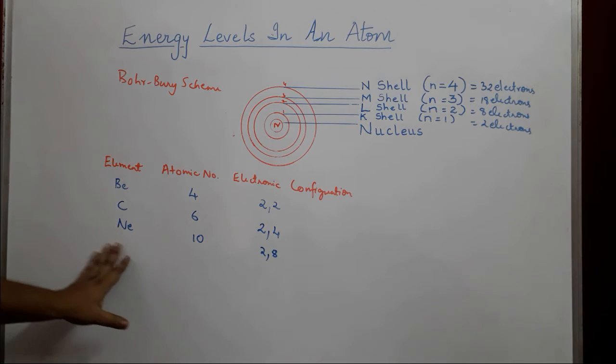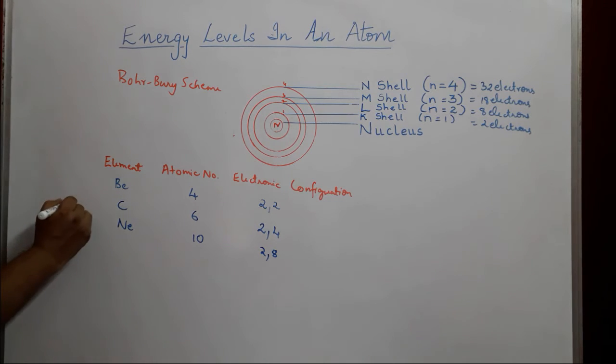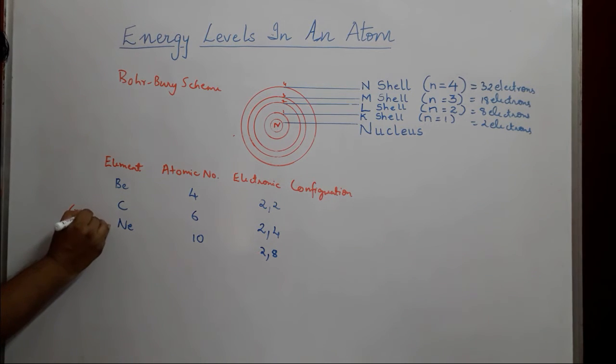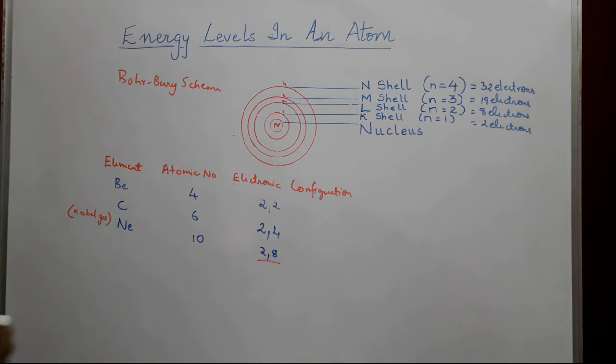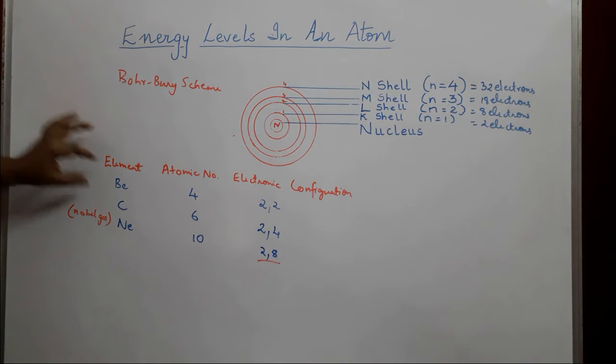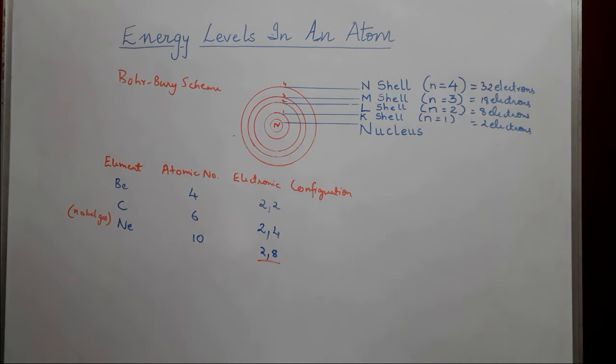Now this is a stable configuration, and neon is known as a noble gas. This is the configuration of a noble gas, and it is highly stable. When it comes to stability, each and every element looks to attain this stable configuration, either by losing electrons, or by gaining electrons, or by sharing electrons with others.